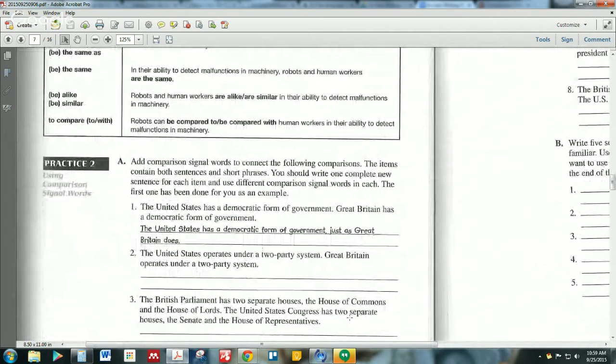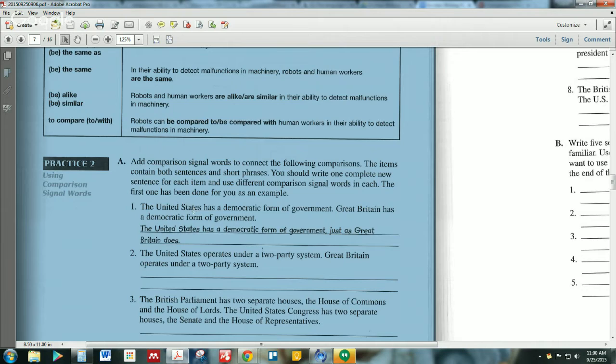So here's some practice. You can use these signal words and add them to the sentences. So these sentences contain something on the first sentence that is similar to something in the second sentence. And you will add a comparison signal word in the middle and join these sentences. So this sentence, for example: the United States has a democratic form of government.